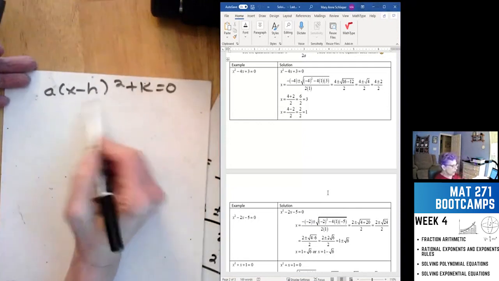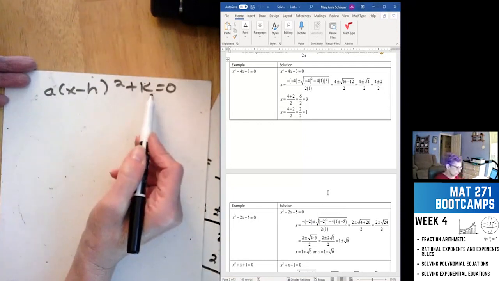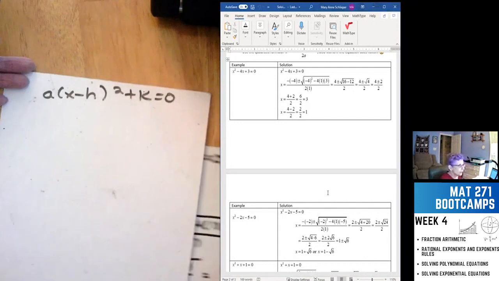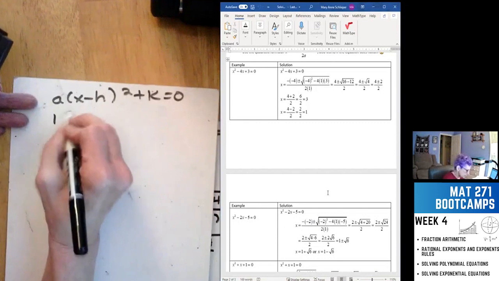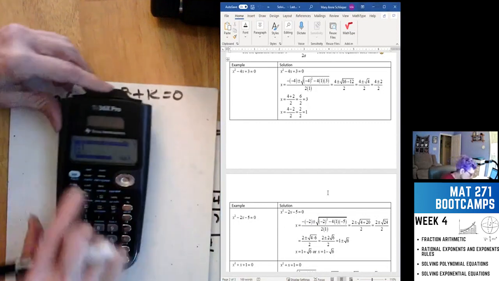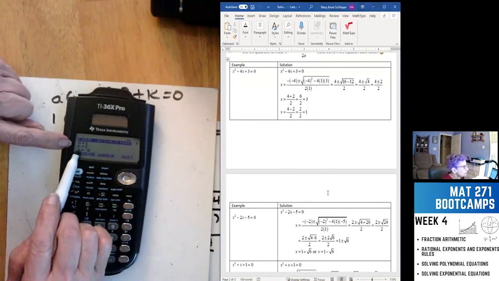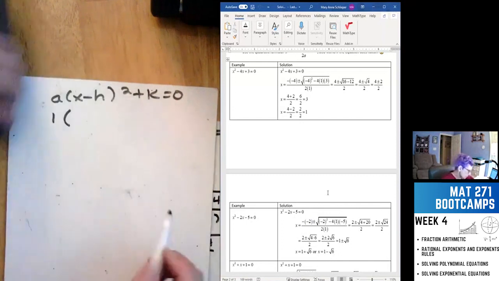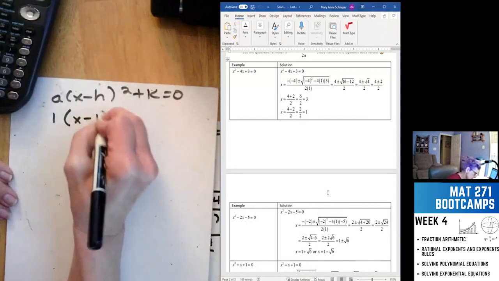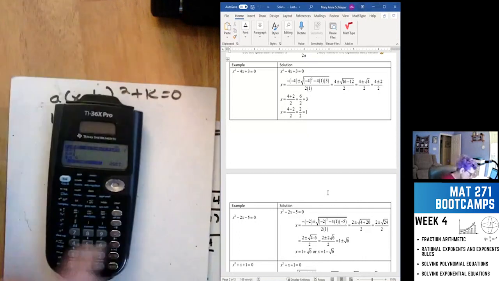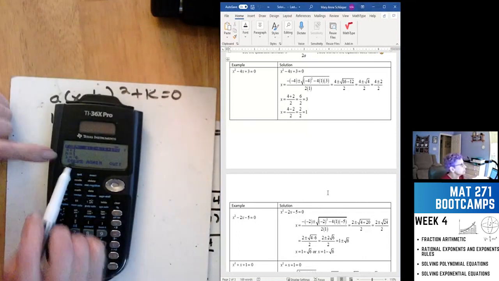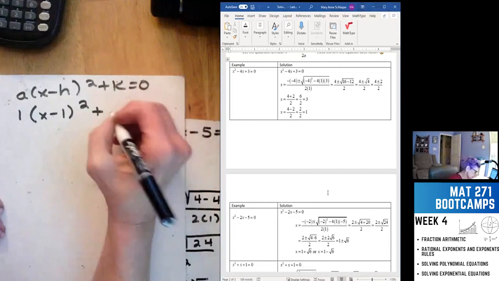So it's writing it in vertex form. I already know my a is equal to 1 in this case. It tells me what h and k are. h is equal to 1, so (x minus 1) squared plus k is equal to negative 6.